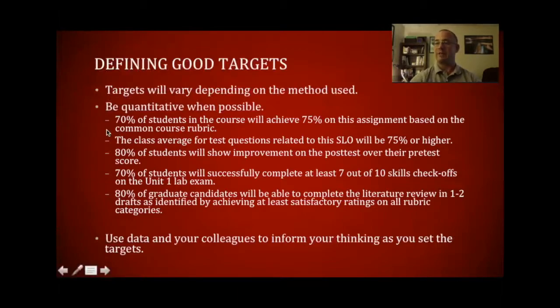And we say that 70% of students in the course will achieve at least 75% on this assignment based on the common course rubric. And that key term, common course rubric, identifies to the reader that this isn't just a rubric that one faculty member in one section came up with, that all the sections of the course are using this same rubric. So very good job to the faculty member that wrote that SLO.